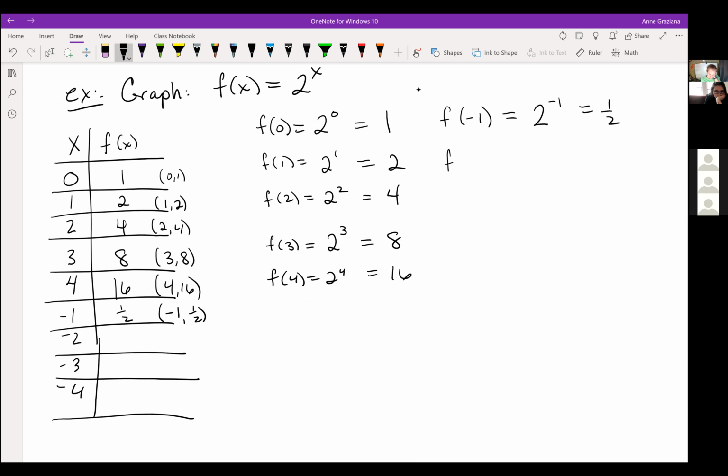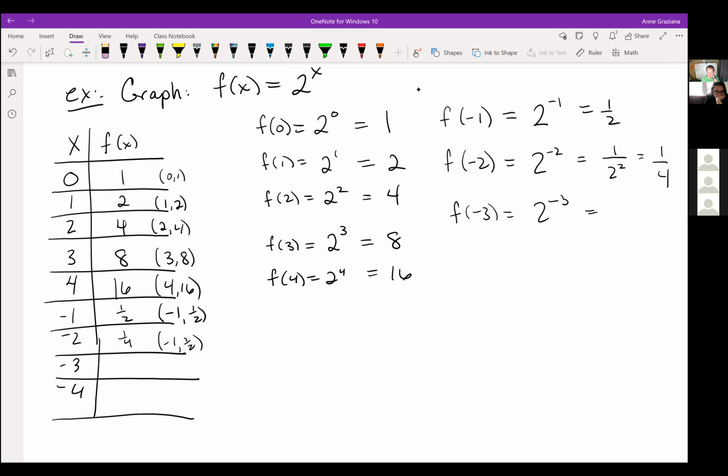All right, what about f of -2? 1/4. Yeah, it's going to be 1/2 squared, which is 1/4. All right, f of -3? 1/8. Now, are you calculating that in your head, Christian, or how are you getting that? Yeah, kind of. I kind of went ahead and did it.